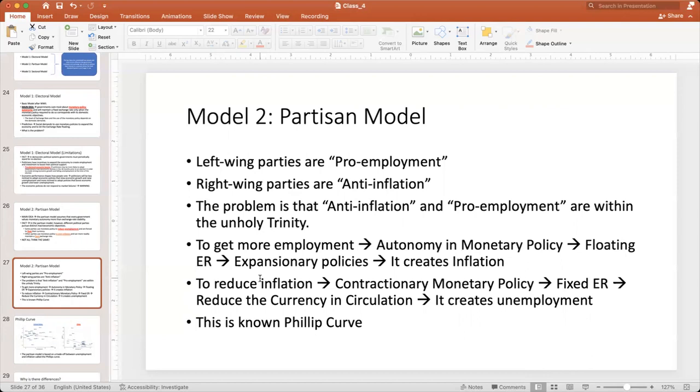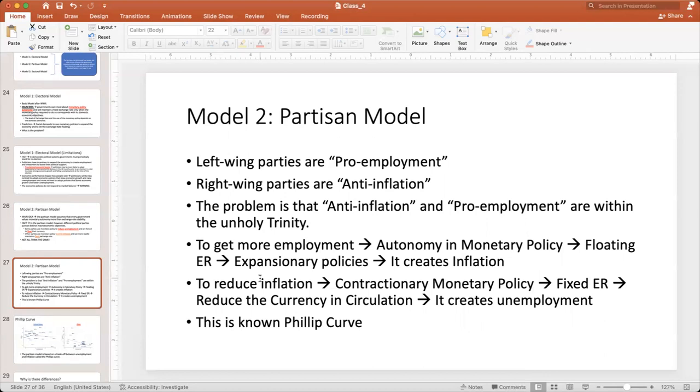So they are more inclined to protect against inflation. They are more anti-inflation. The problem is that anti-inflation policies and pro-employment policies are antagonists. They represent the unholy trinity. Why? Because to get more employment, you have to give autonomy in monetary policy to your government. So the government has to have a floating exchange rate to make expansionary policies possible.